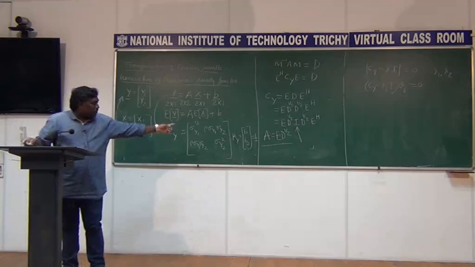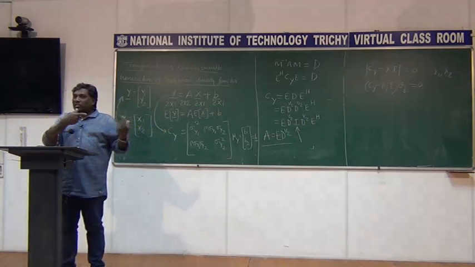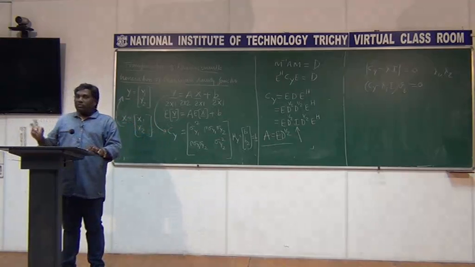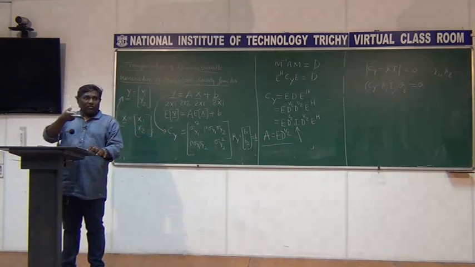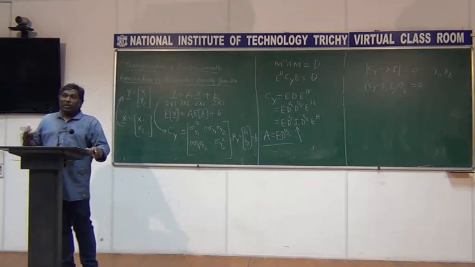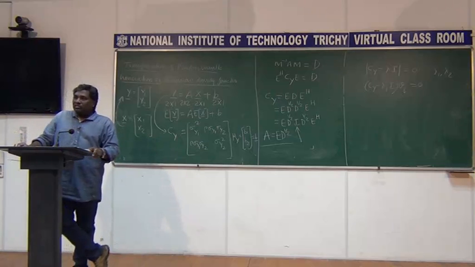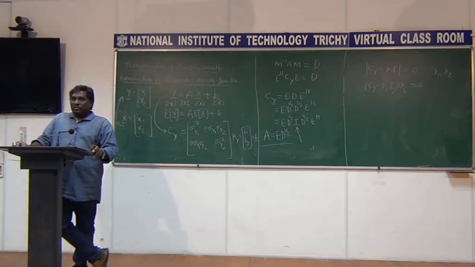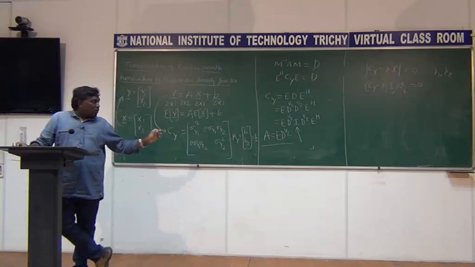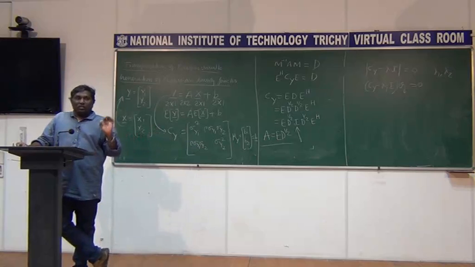B is B1, B2. A just now we found. Use that. We get an outcome of the random vector Y, which is of what? Multivariate Gaussian data distribution, right? With the required mean vector and the covariance matrix, right?